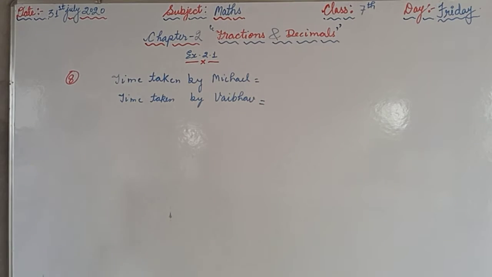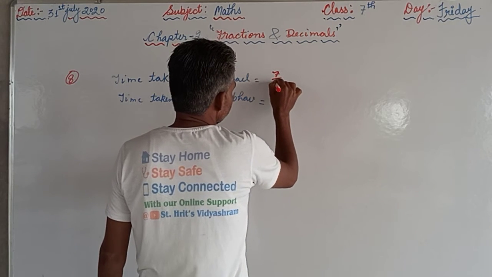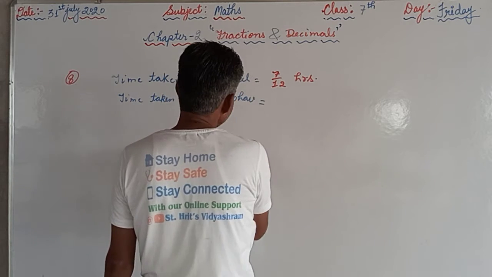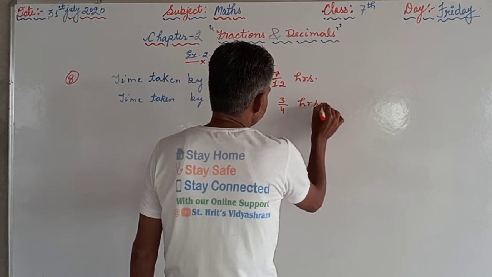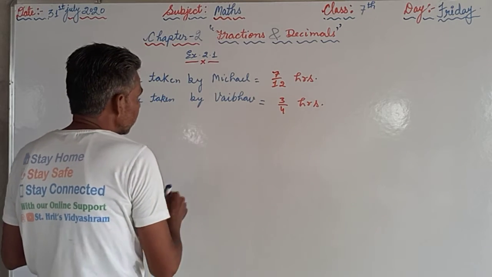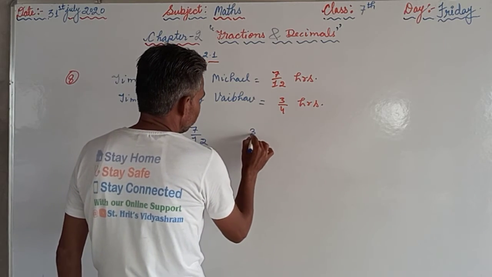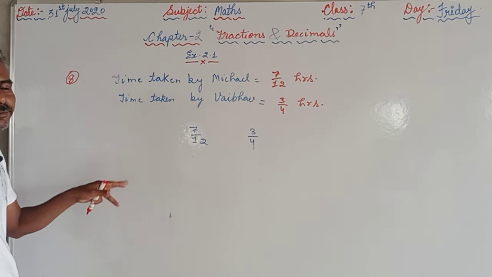Time taken by Michael was 7/12 hours, and time taken by Weber was 3/4 hours. So we are supposed to compare 7/12 and 3/4. These are unlike fractions.